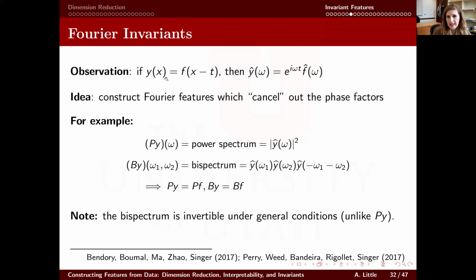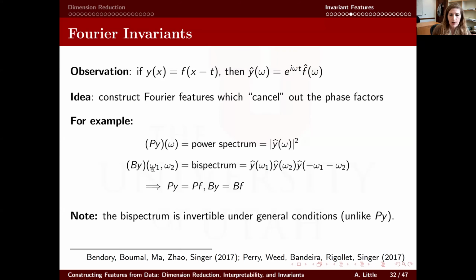So it's based off a very simple observation that if you have F, which is just a translation of Y, then in the Fourier domain, that translation only affects the phase, it doesn't affect the magnitude of the signal. And so you can construct Fourier features which cancel out these phase factors. The most basic one is the power spectrum, where you just take the magnitude squared.